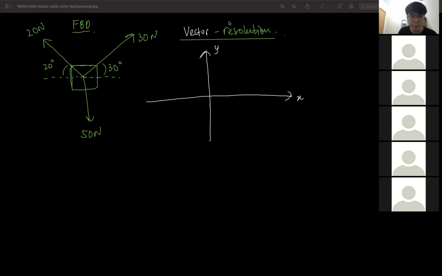OK, now put the 3 forces in. Here is 30, put the angle 30, and then here 20, 20, 50, below. OK, what do we do now? Now we want to resolve it, we want to put the forces into vertical and horizontal components. This is very much like your projectile motion, you have vertical component and horizontal, right? We want to break it down into 2 components. Actually, this method is the one that I like the most.